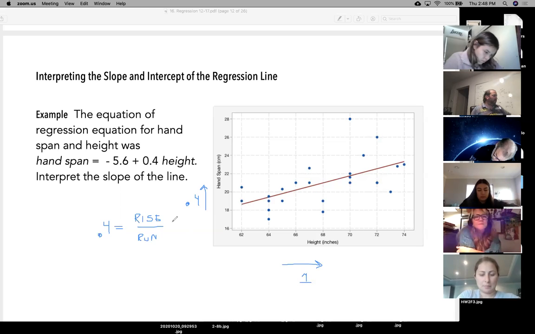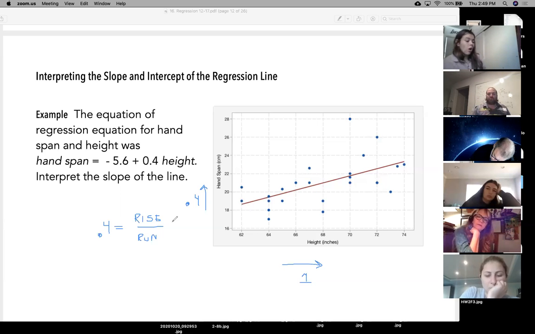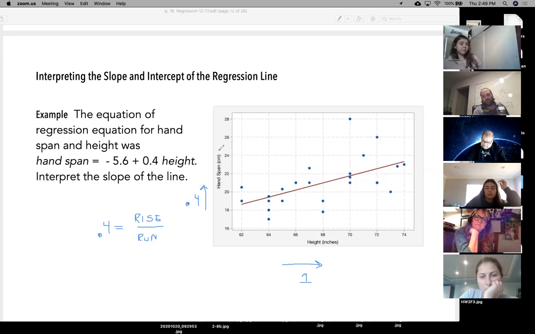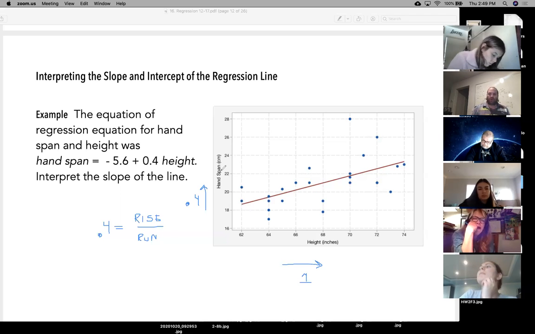So for every height increase of 1 inch, I expect a handspan increase of how much? 0.4 centimeters. For every 1 to the right, I expect to move up 0.4. So for every 1 inch height increase, my handspan will increase on average, or my predicted handspan increase will be 0.4 centimeters. That is the interpretation of the slope.